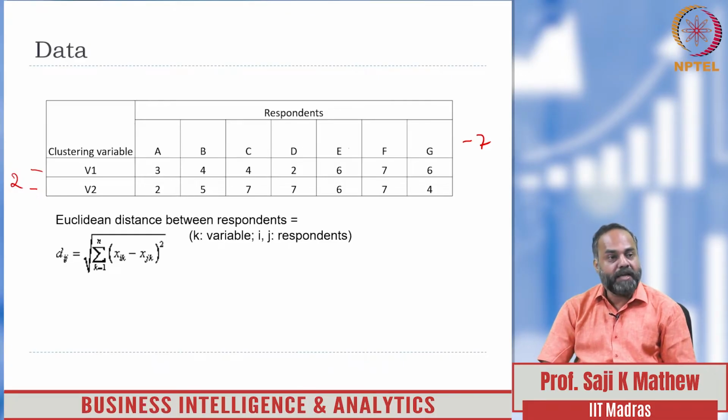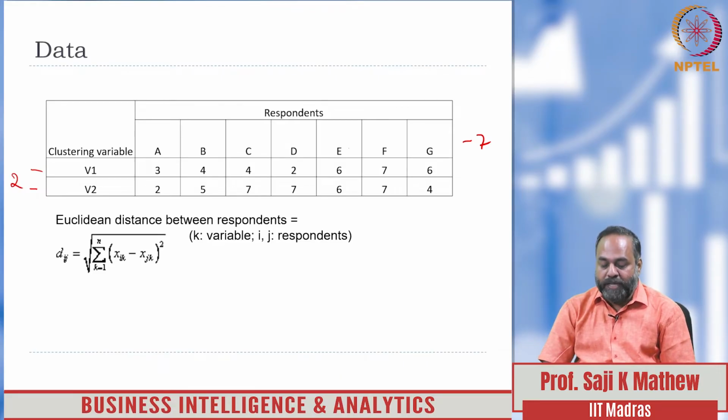Looks like they are very similar in terms of their responses as compared to a 3 2 or a 4 5, etc. They are very different. So, we would say A, E and F are similar in terms of their responses.